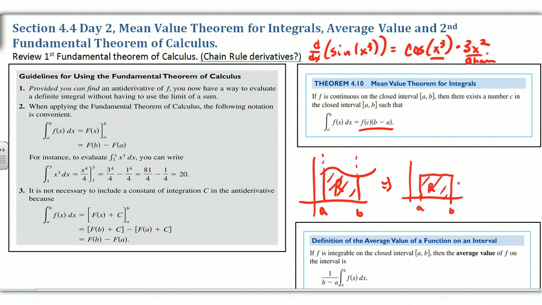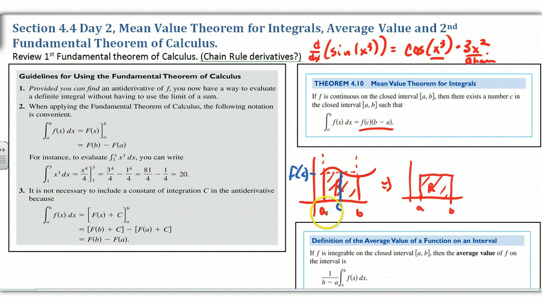Now in doing that, that would give us an equivalent line, kind of the average of all these y values, across here. That dotted line is equivalent to this height over here. Now look at what this says. It says that there is some c in this interval such that this dotted line would cross, I can find a c value here, and this would be f of c.